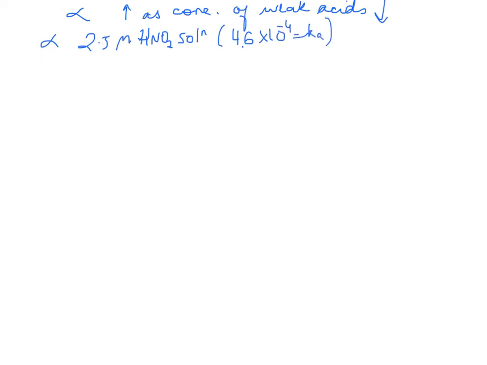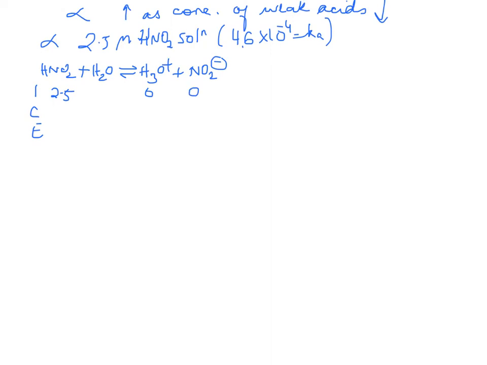Your reaction is HNO2 plus H2O gives you hydronium plus NO2 negative. For the ICE table, the initial values will be 2.5, 0, and 0.